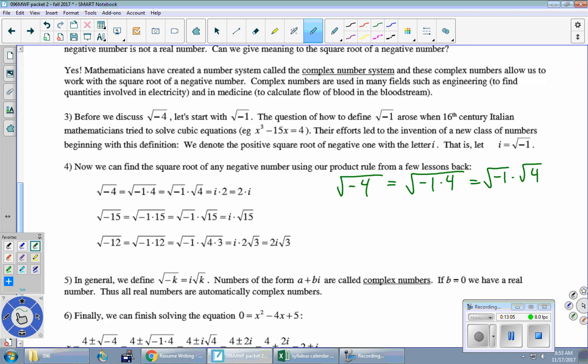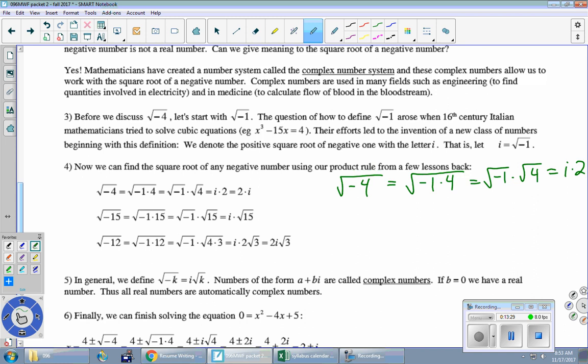We've seen that property many times. And then we say, hey, square root of negative 1 is our new favorite number. What are we calling it? I. So we just change that to an I. Square root of 4 happens to be a nice number. It is 2. So I times 2 is the answer to the square root of negative 4 that we were interested in.